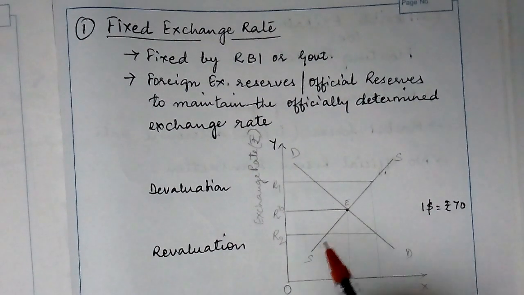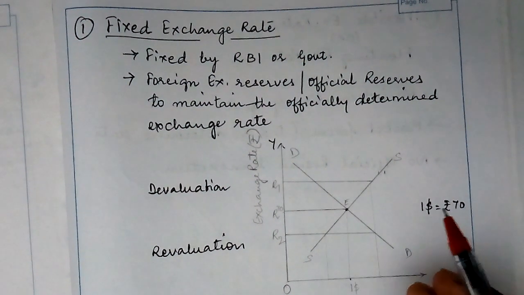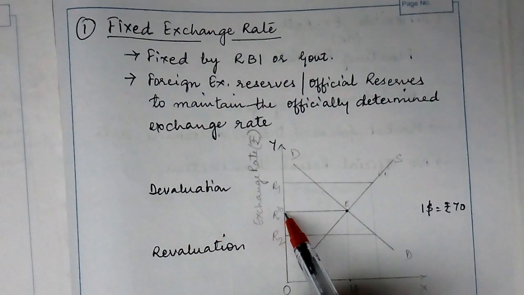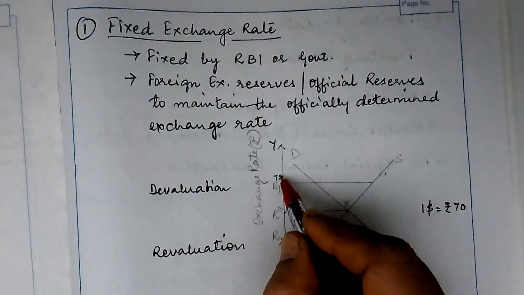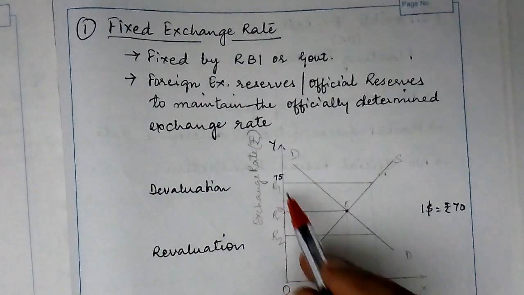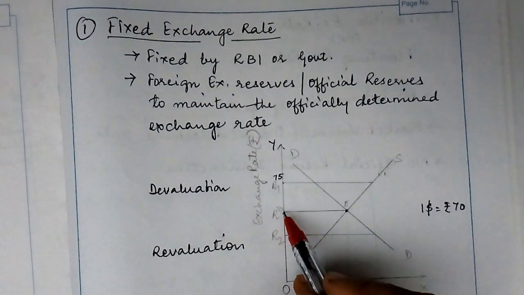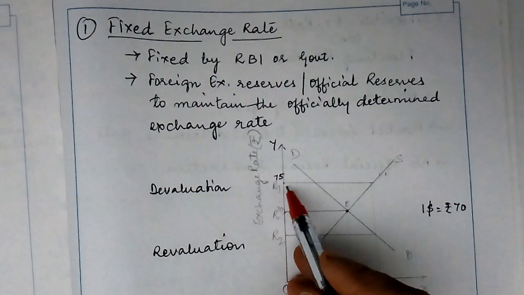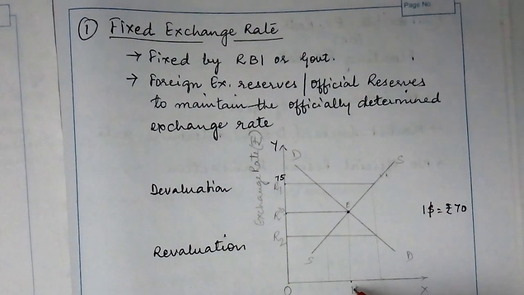When the government increases the exchange rate, it makes the domestic currency cheaper in terms of foreign currency. Let us say it increases the rate from 70 to 75. This increase in the exchange rate is called rupee devaluation, because at this point we will be paying more rupees for $1.